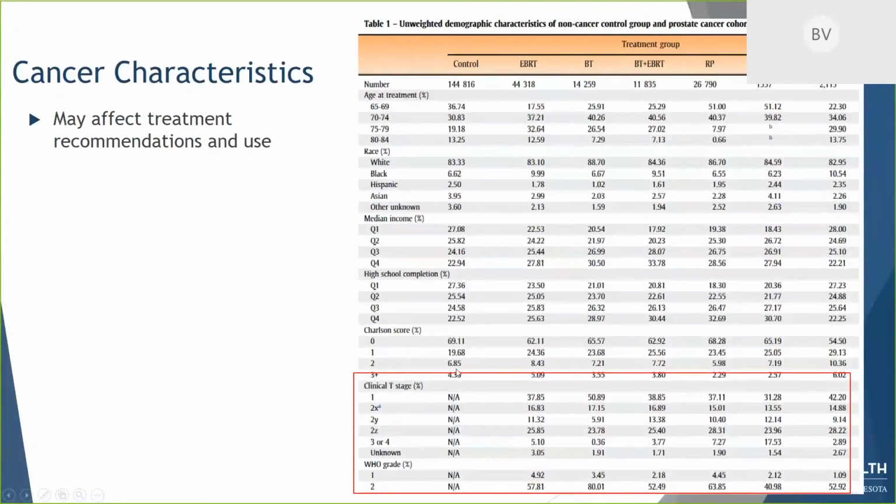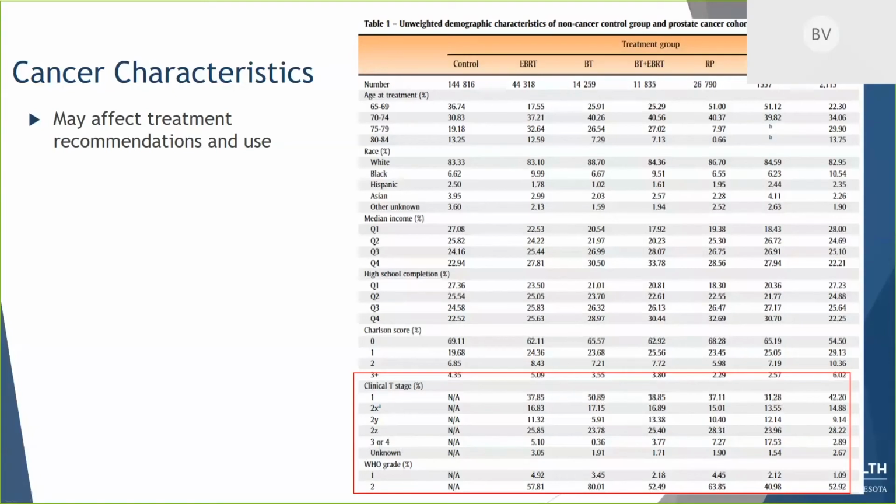And I just want to note, of course, for our controls, we don't have any cancer information because these are non-cancer controls. So we do find that brachytherapy is more often used for patients with lower stage disease, and then you can see just differences. And there are some unknowns. There will be people who we don't have stage information on.